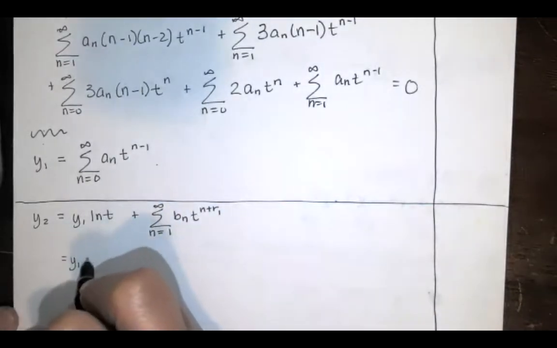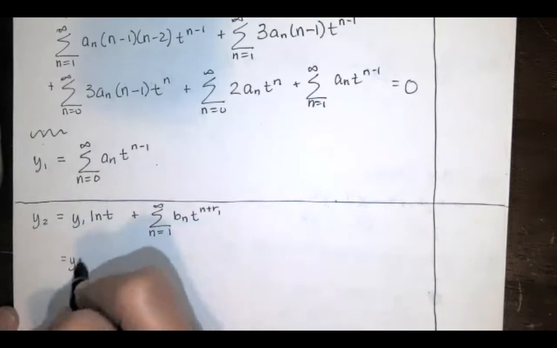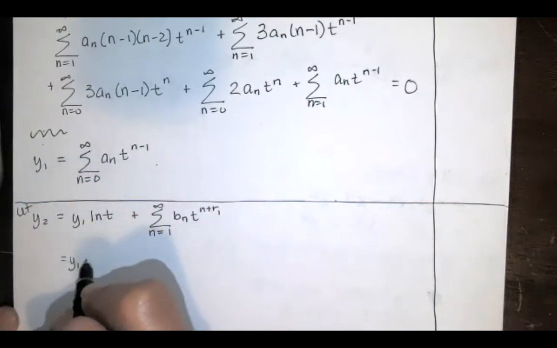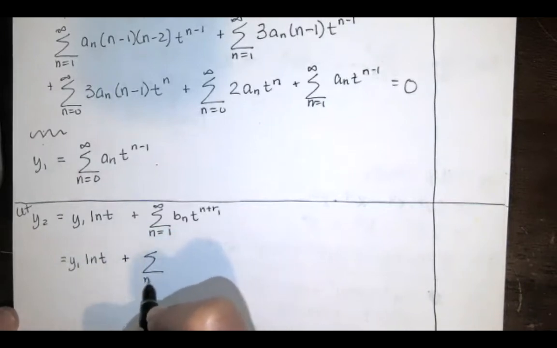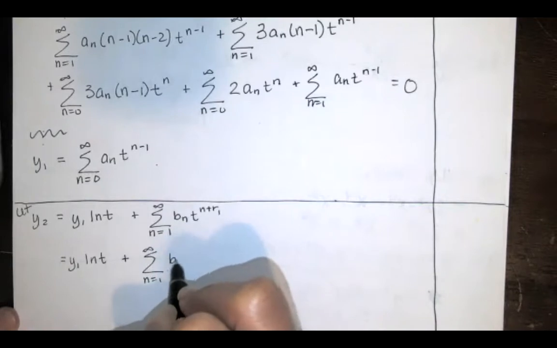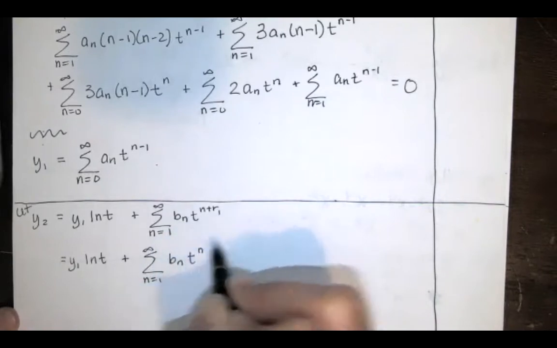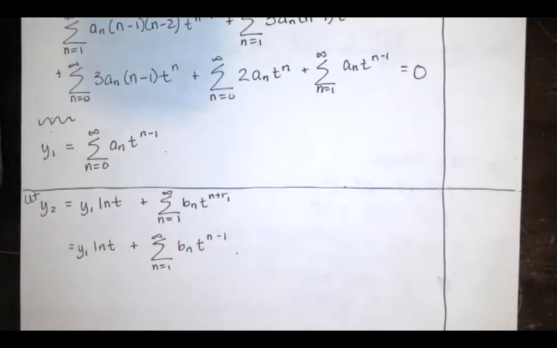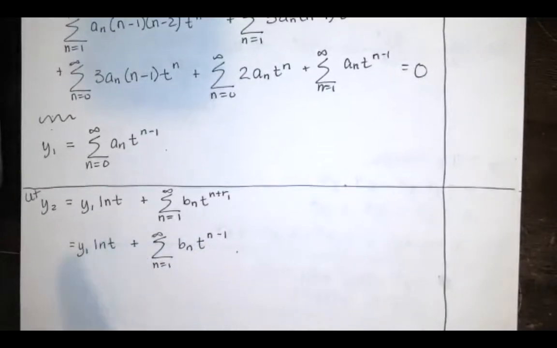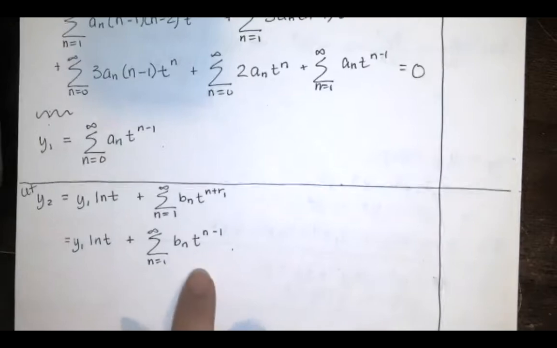So we're saying y sub 2 is y sub 1 times natural log of t plus the sum as n goes from 1 to infinity of b sub n times t to the n plus r1, where r1 is -1. Okay, so that is our solution, and we want to find the b sub n.